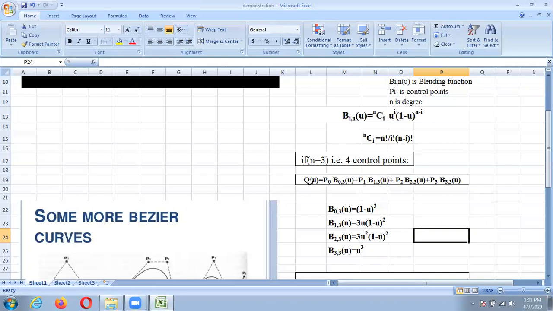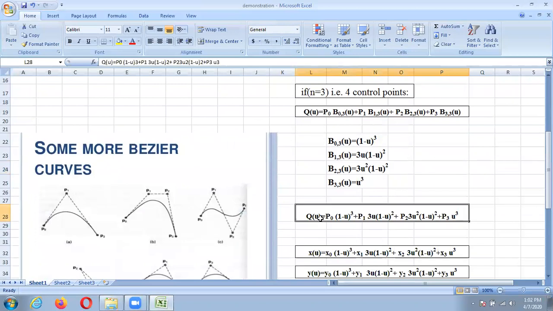Here we are getting this equation after putting these values, that is b0,3 of u, in that place we put 1 minus u raised to 3, then p1 into this one, whatever we are getting over here.